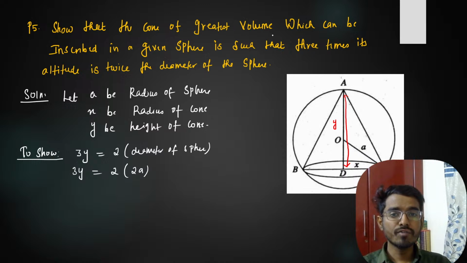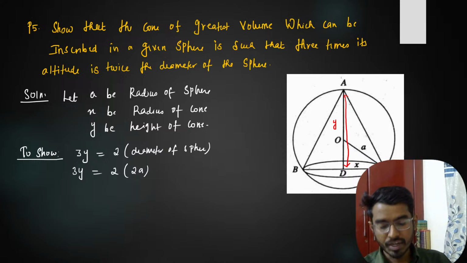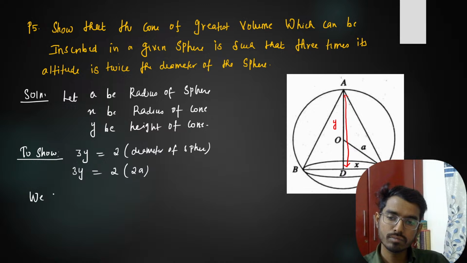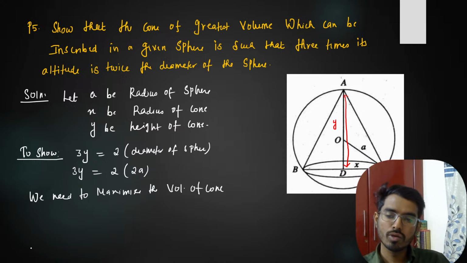To show that the cone has the greatest volume, we need to maximize the volume of the cone. What is the volume of the cone? 1 by 3 of pi r square h. So 1 by 3 of pi, what is r?